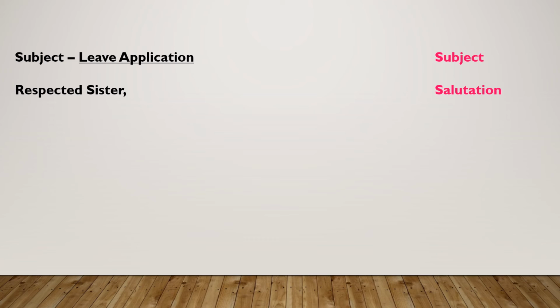For example, you say respected sister. You cannot say hi sister, hello sister. That's wrong. You have to write to the person in a very courteous manner, that is respected sister or respected madam, sir. These are called salutations.